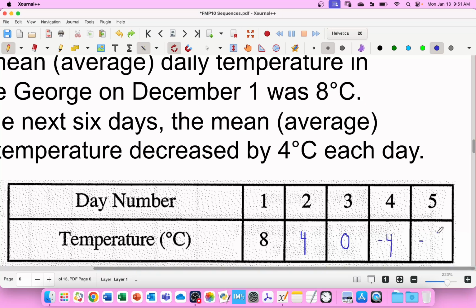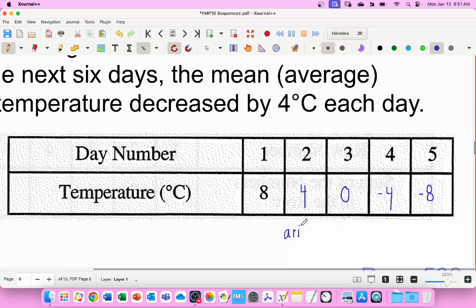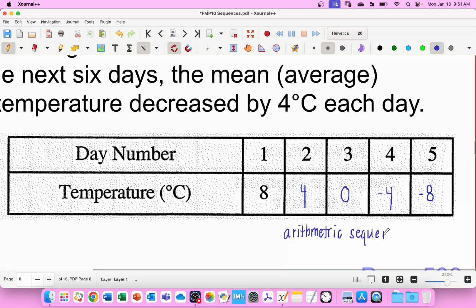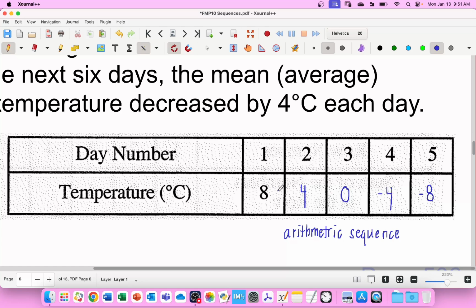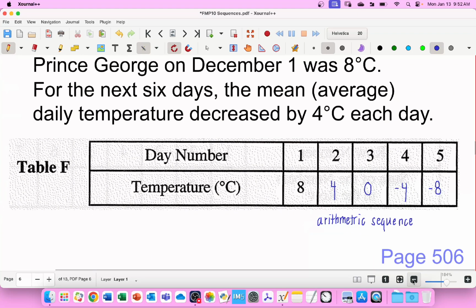So it's still going to be an arithmetic sequence. Because remember, an arithmetic sequence is always increasing or decreasing by the same amount. Here, we happen to be decreasing by 4 every single time. So that's how that would go.